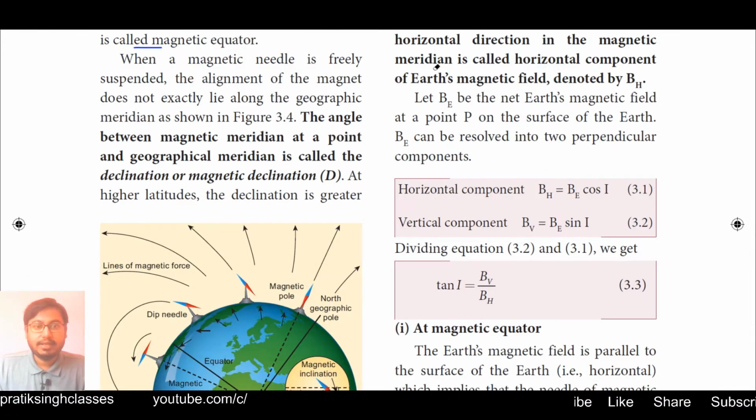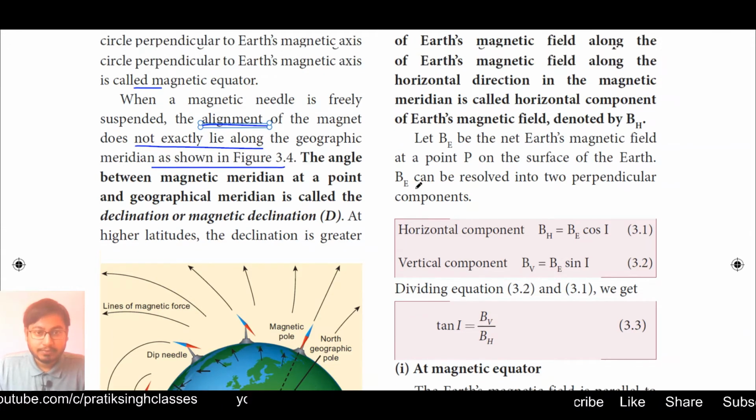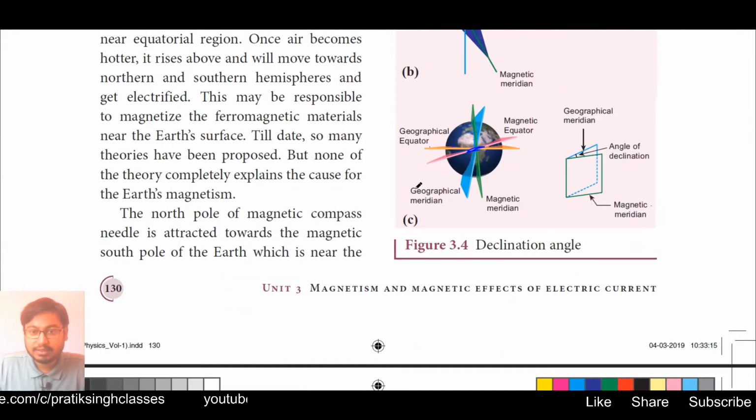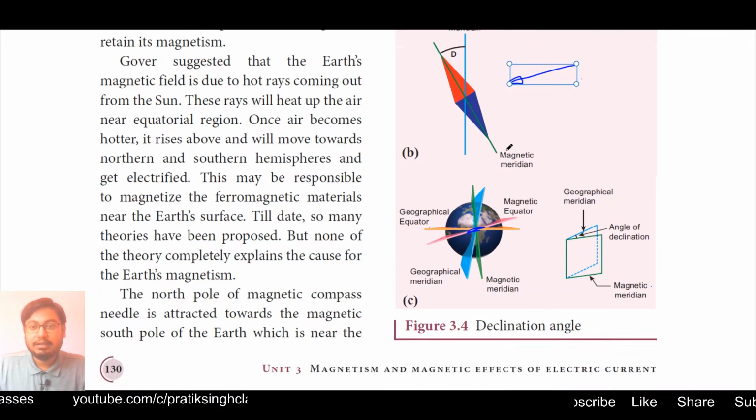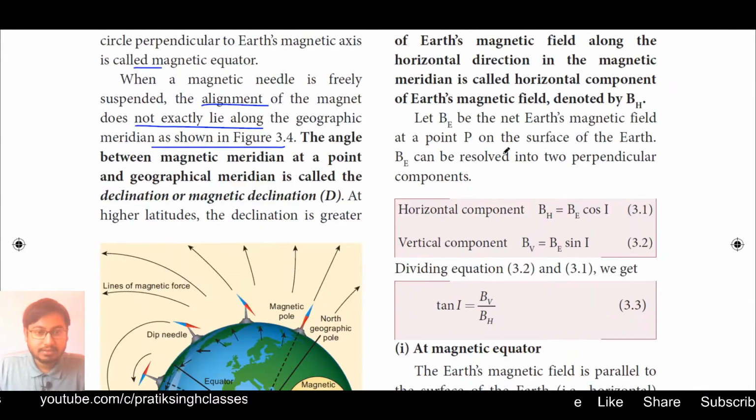When a magnetic needle is freely suspended, the alignment of the magnet does not exactly lie along the geographic meridian, as per figure 3.4. As we have seen in this figure, where a magnet is perfectly suspended from the center, it will not align to the geographic meridian.